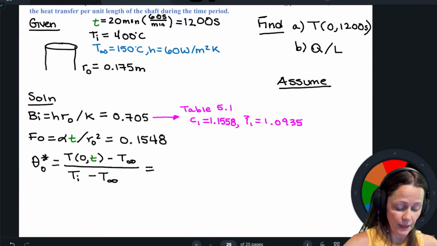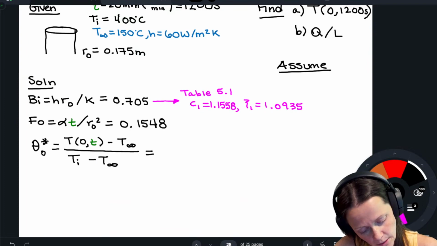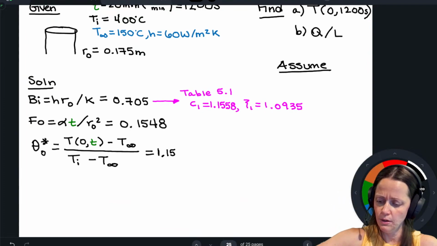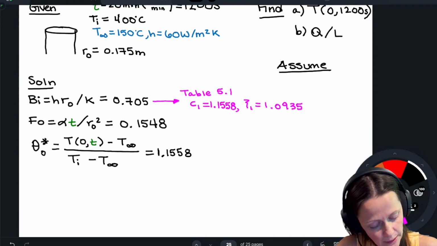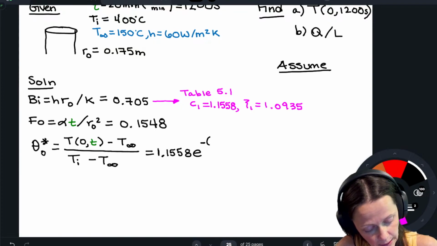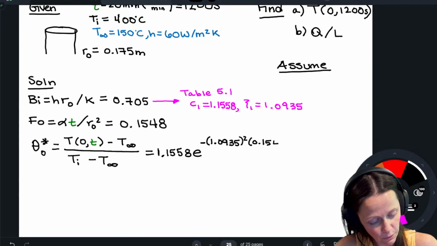Let's go ahead and plug those numbers in. I have C1, 1.1558, times e to the negative zeta 1.0935 squared times our Fourier number, 0.1548.